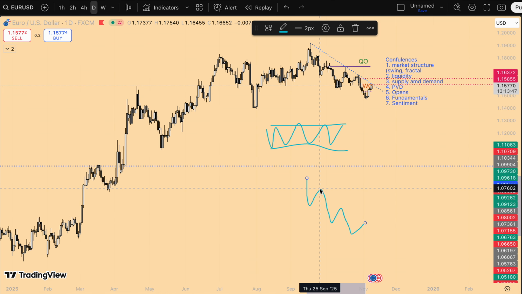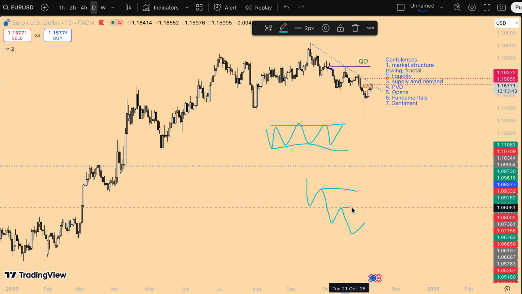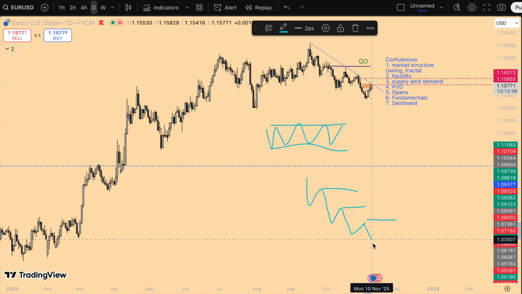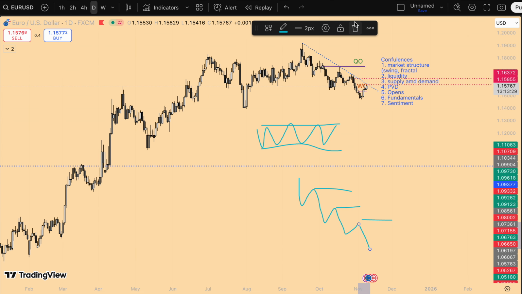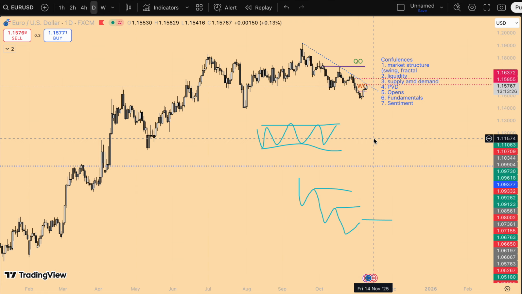So with these lower highs and lows, we have liquidity resting there. These lower highs, we have liquidity resting there. So the market can come take out those highs and then start to move lower. So all of these are forms of liquidity that you should watch out for.